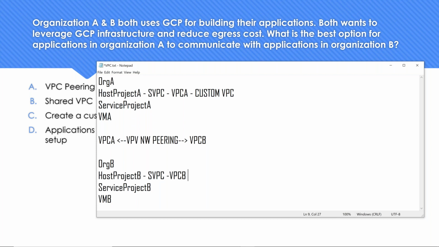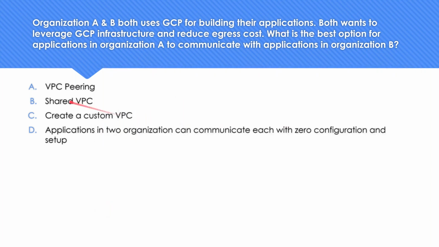But just creating a custom VPC is not going to help me out. It is part of the solution, but a custom VPC alone is not enough. You have to peer it. Shared VPC also could be part of the solution, but the main solution in this context is VPC network peering.